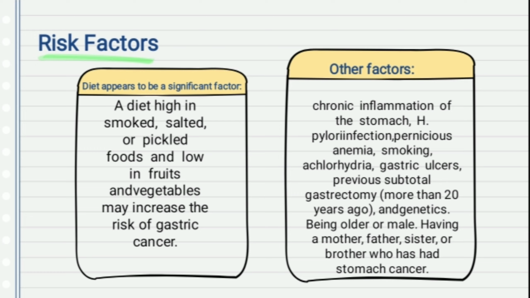The other factors may include chronic inflammation of the stomach, smoking, pernicious anemia, gastric ulcers, previous subtotal gastrectomy, and genetics. Also, being older or male, or having a mother, father, sister, or brother who has had stomach cancer.